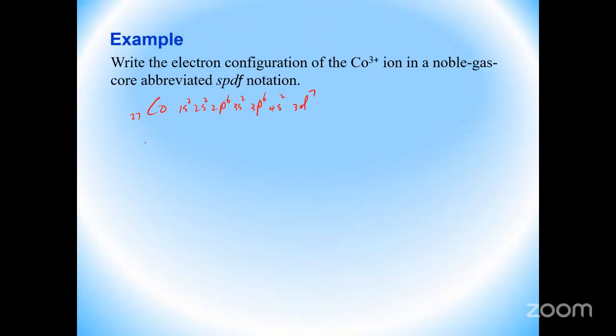So to get cobalt 3+, which is what the question is asking for, where will you start removing electrons? Which electrons will be removed first? 4s2. So these electrons will be removed first, so the 4s sublevel will be going, but you need to remove one more.